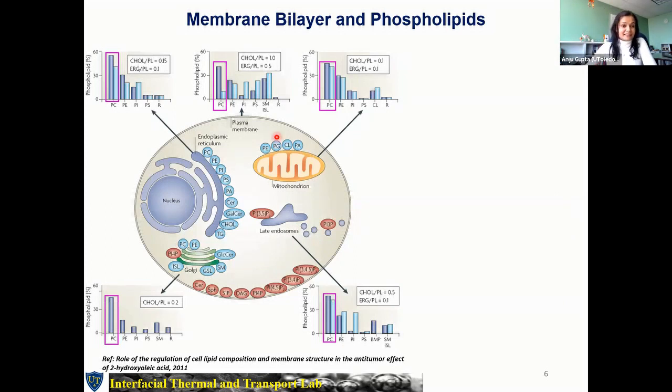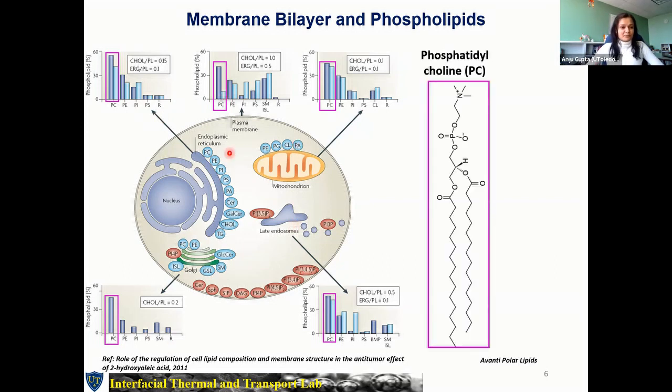So this is a schematic of a cell and its organelles. You will notice this cell and all the organelles are protected by membranes. And these bar graphs surrounding the cell show you the composition of lipids, different lipids, some cholesterol, and other biological materials that look similar to lipids.